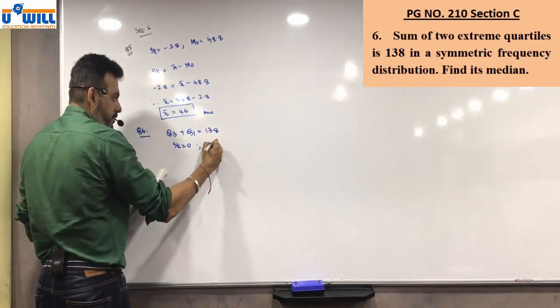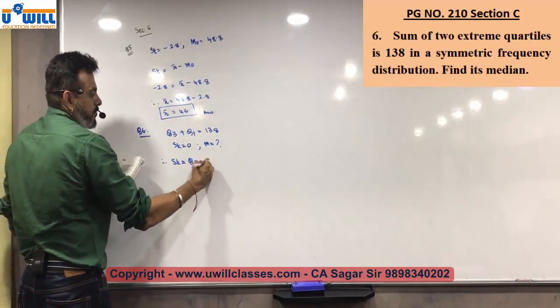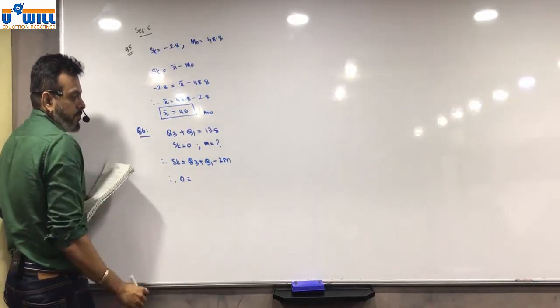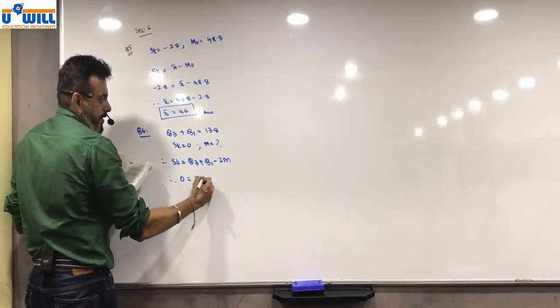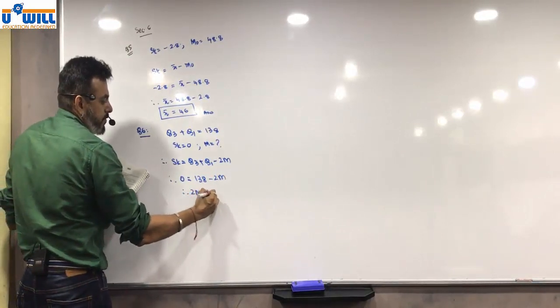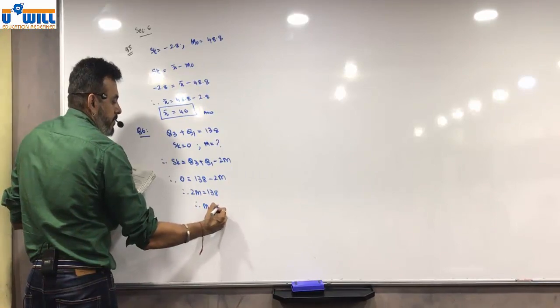We have to find the median. Therefore, skewness is equal to Q3 plus Q1 minus 2m. Therefore, 0 is equal to 138 minus 2m. Therefore, 2m is equal to 138. Therefore, m is equal to 69.